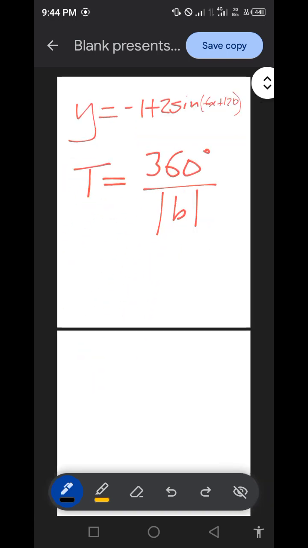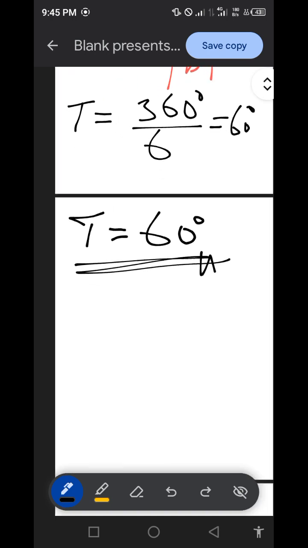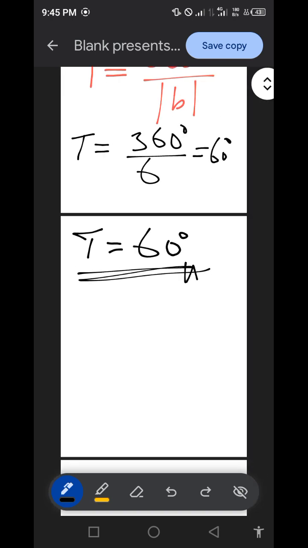Therefore, the period will become T equals 360 divided by 6, which is equal to 60. Since we are given in degrees, the period is equal to 60. Then next we are finding the amplitude.